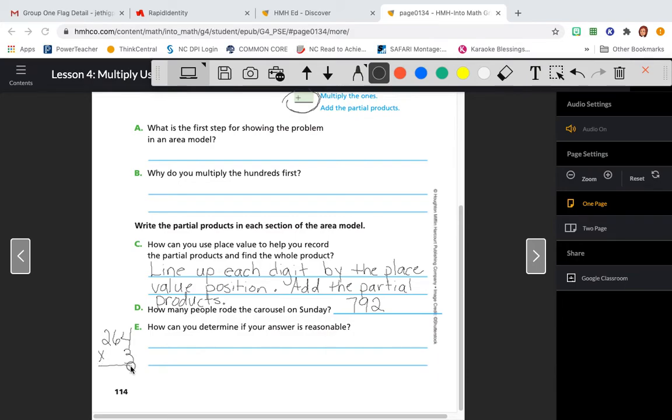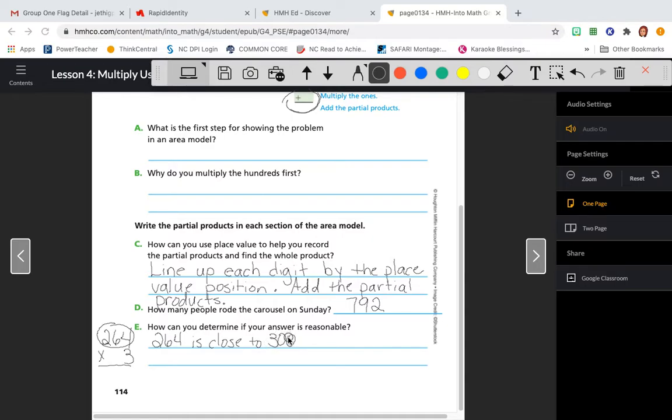Going back to our original equation, let's look at the greater factor, and let's round it to the closest hundred. If I look at the 2, that's the number I'm trying to round, so I'm going to move over to the tens, and I'm going to use the 6 in the tens place to help me round. 6 is 5 or greater, so I'm going to move up. So I'm going to say that 264 is close to 300, the next 100.